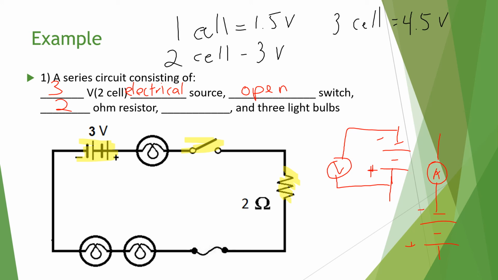And then we have comma and 3 light bulbs. So we have 3 light bulbs here: 1 light bulb, 2, 3, which means that we haven't covered this one, and that is the symbol for a fuse. So just picking out the symbols here.